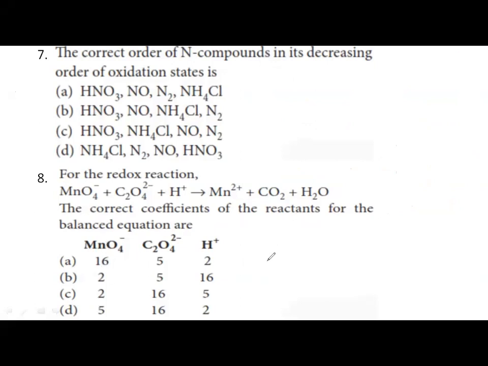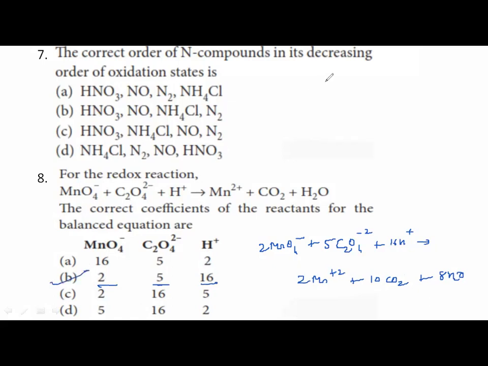I'll write it here also if you want: 2MnO4 minus plus 5C2O4 minus 2 plus 16H plus gives 2Mn plus 2 plus 10CO2 plus 8H2O. Correct? So the coefficient for MnO4 minus is 2, both options have that. C2O4 minus is 5, so this is the correct option. And H plus is 16. So option B is the correct option.